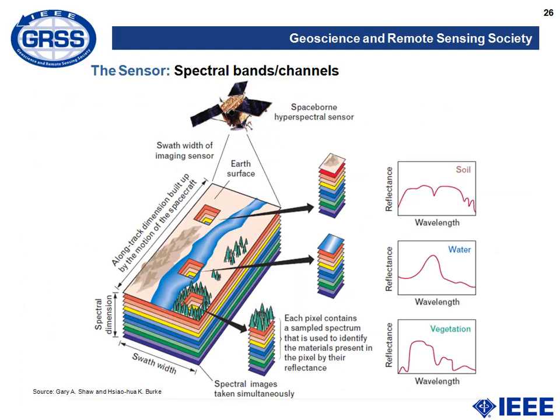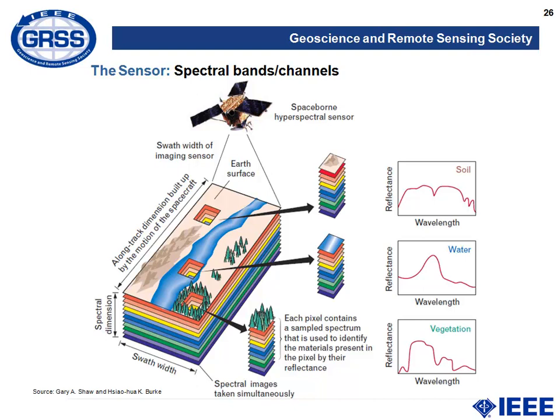So when we talk about spectral band or channel resolution or characteristics, we are talking about the number of bands and in which area or range of the spectrum they are located.